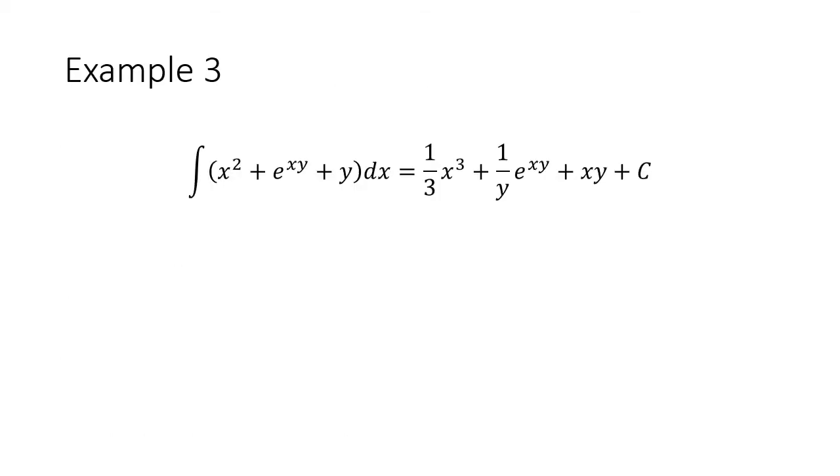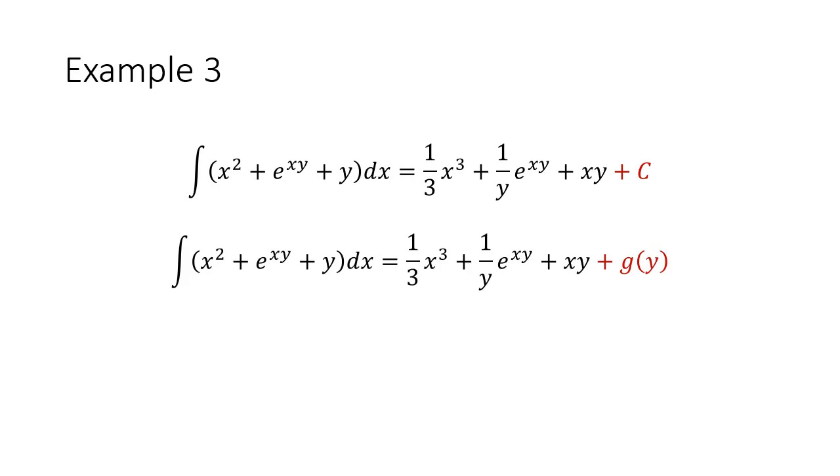So here's what it really looked like. We took the antiderivative and we got my solution: 1/3 x cubed plus 1/y e to the xy plus xy plus c. That plus c term really becomes a function of my opposite variable. So since my original problem was with respect to x, that means my plus c is now a function of y, some general function of y.